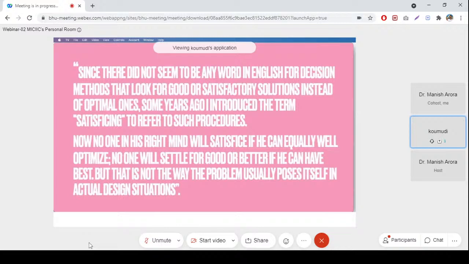Simon says, since there did not seem to be any word in English for decision methods that look for good or satisfactory solutions instead of optimal ones, he introduced the term satisficing to refer to such procedures. Now, no one in his right mind will satisfice if he can equally well optimize. No one will settle for good or better if he can have best. But that is not the way the problem usually poses itself in actual or real-life design situations.